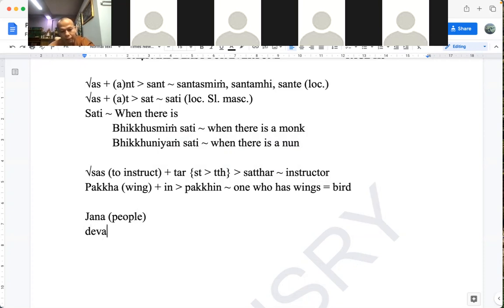And then deva, also deity. But to that, by adding ta, we have the janata, also just people. Deva also by adding ta, so we have the devata. So it is feminine gender. Gender is changed, but meaning is not changed. Also deity.